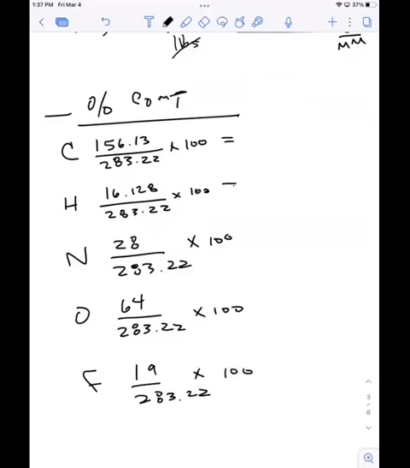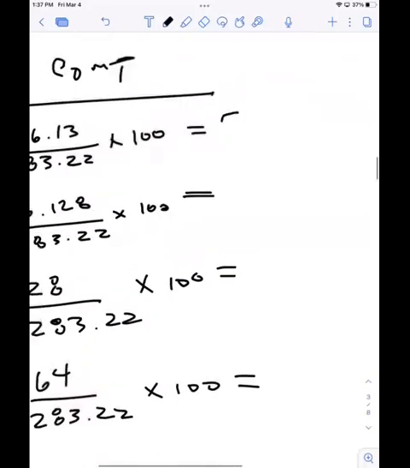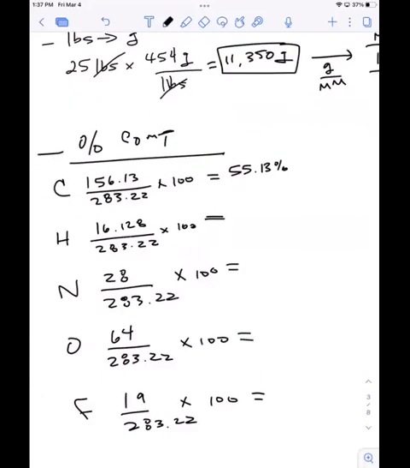Somebody give me one of each. You can just unmute. Carbon is 55.13. Okay, great. Thank you. We got anybody for hydrogen? Got 5.69%.